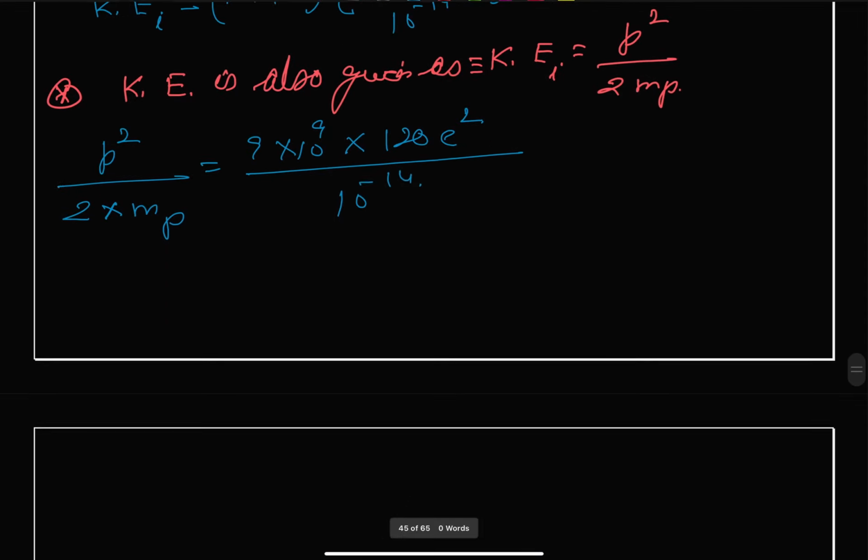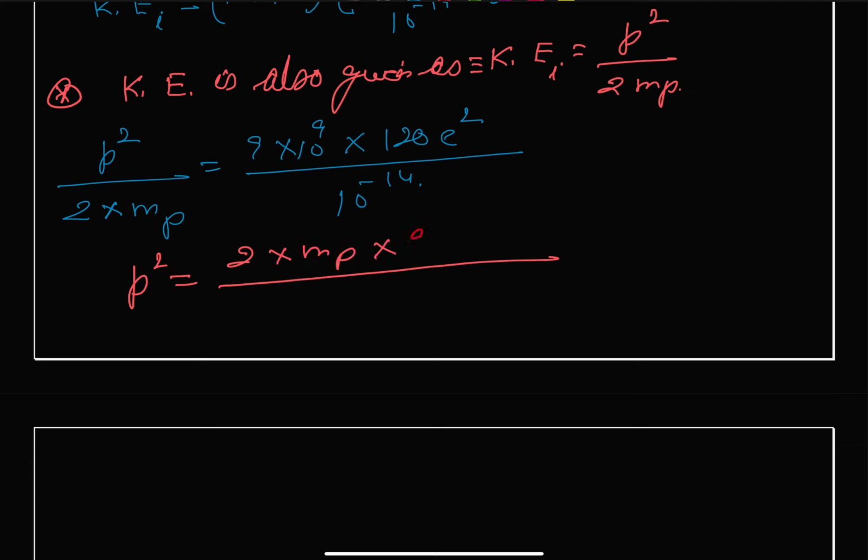So p square will be equal to twice into mass of proton multiplied by 9 into 10 to the power 9 multiplied by 120 times E square and 10 to the power minus 14.